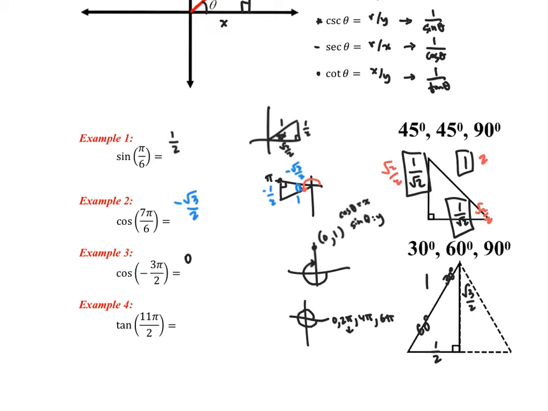That's 4 pi over 2, and that is 8 pi over 2, and that is 12 pi over 2. So it's going to be somewhere in between 4 pi and 6 pi. My guess is that it's going to be over here, where this is pi, or 3 pi, or 5 pi, or would that be 7 pi?